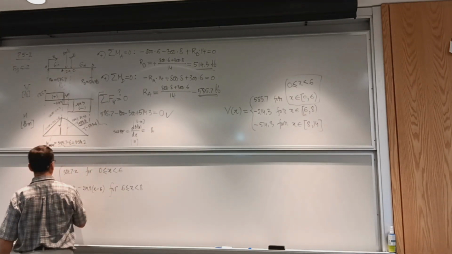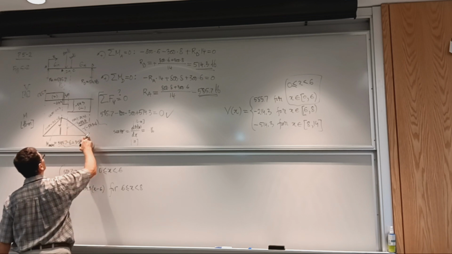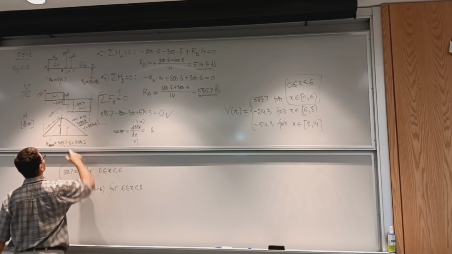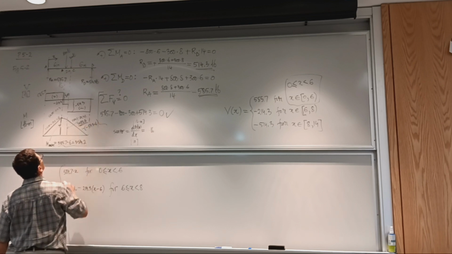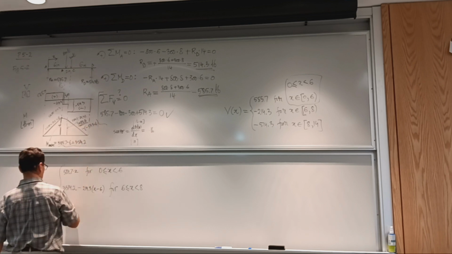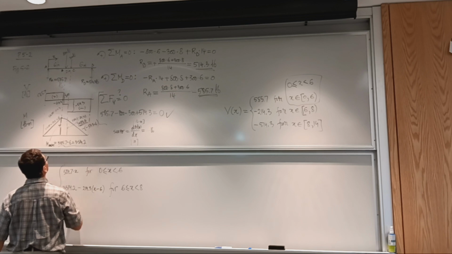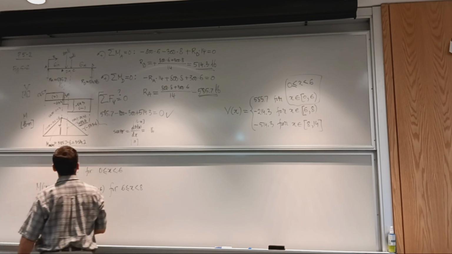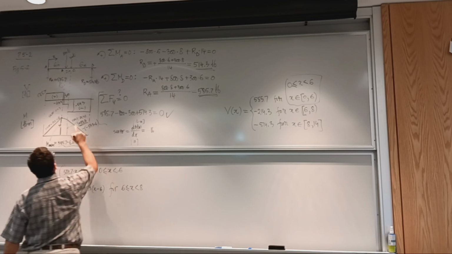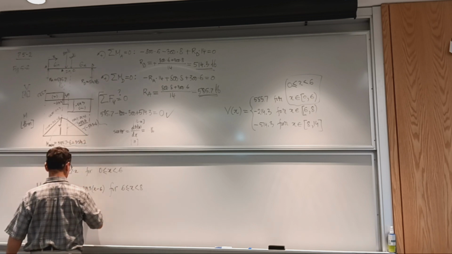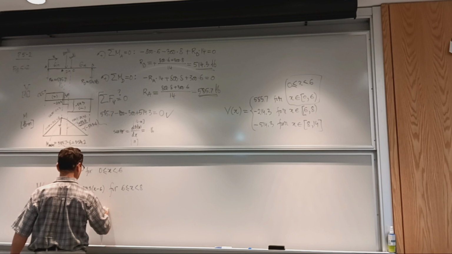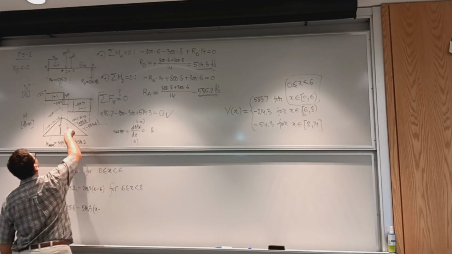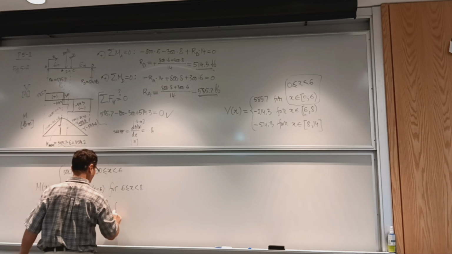And lastly, what happens between this point and this point? I evaluated this already. What is this equal to? Yes, 3085.6. And I have negative, the slope is 514.3 times x minus, what is this spot here? 8 inches.